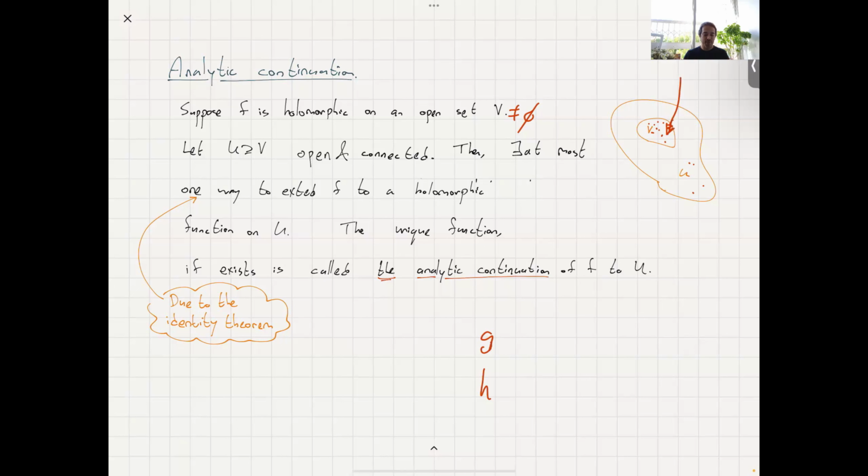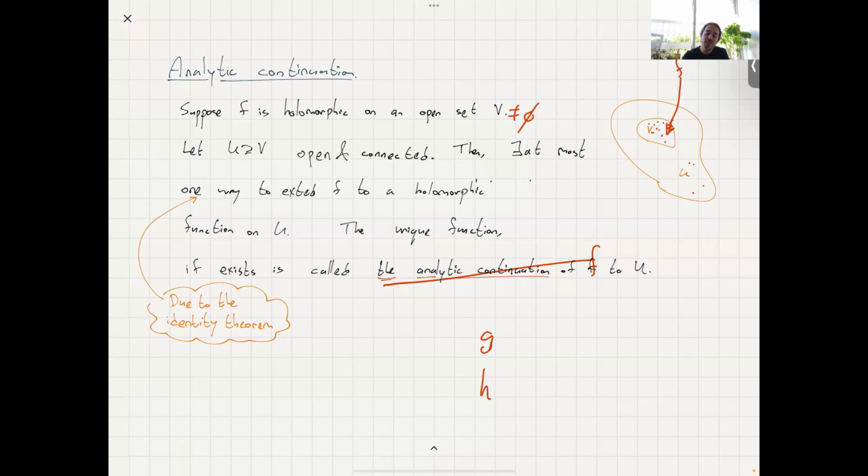Now, the grown-up way of thinking about it, which is technically a bit incorrect, is that instead of calling the function on V one thing and the function that you extended it to, the analytic continuation of F to U, another thing, let's just call it F. I know the domains are different, and I'm aware of the definition of a function, but the point is it's really the same function.